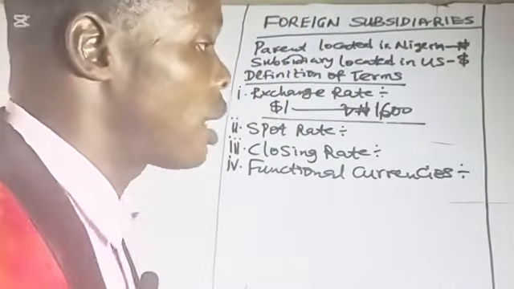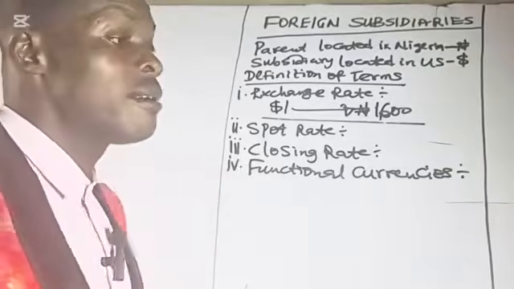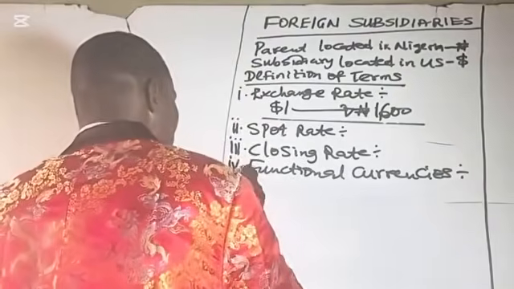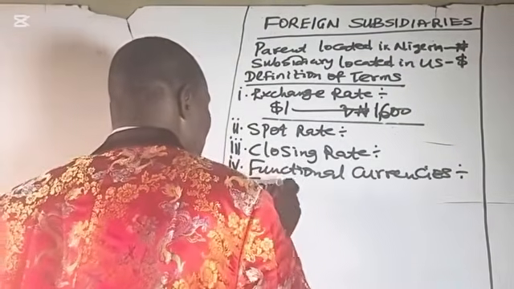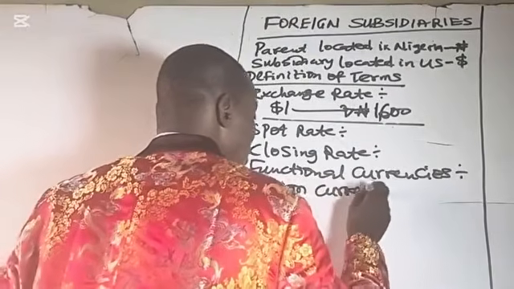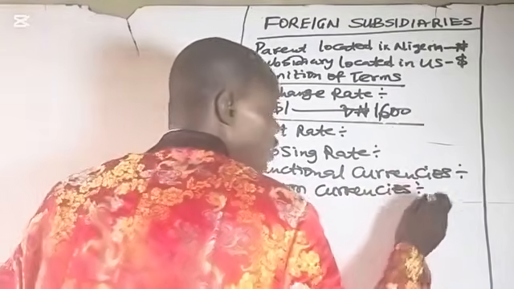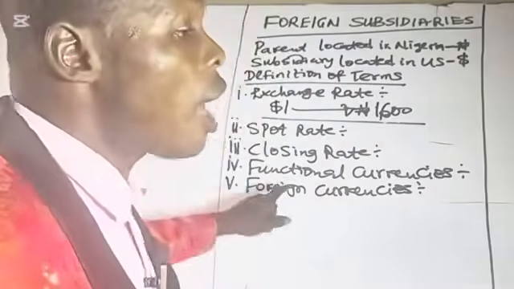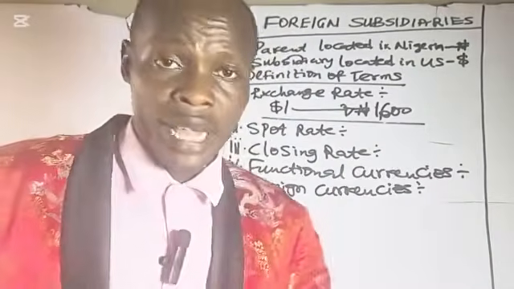That is functional currency. Number five, we have foreign currency. Foreign currencies are the currencies other than the functional currency of the entity.